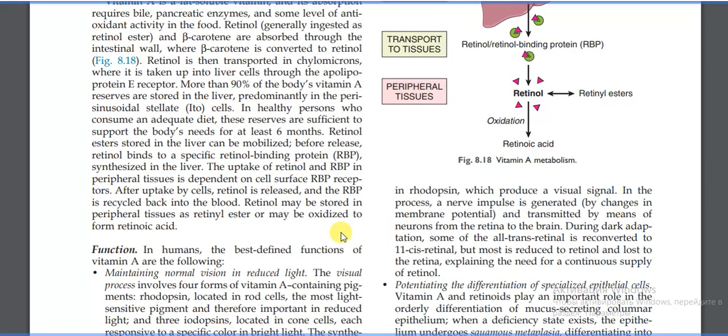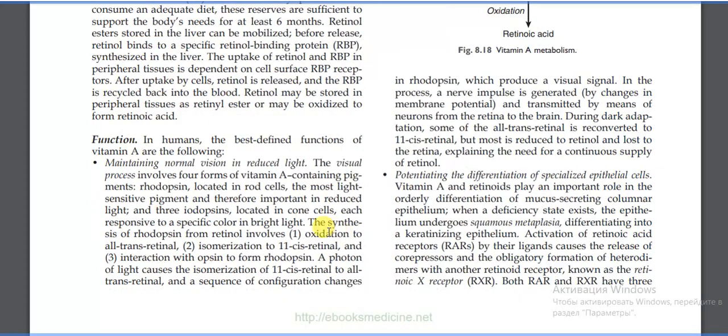Okay, deficiency of vitamin A. The first function of vitamin A is maintaining normal vision in reduced light. When vitamin A is deficient, rhodopsin doesn't work properly, and the isomerization of 11-cis retinal to trans retinal doesn't happen.